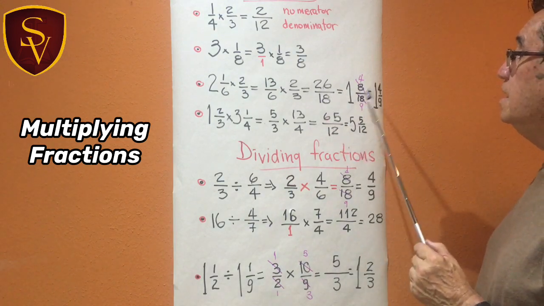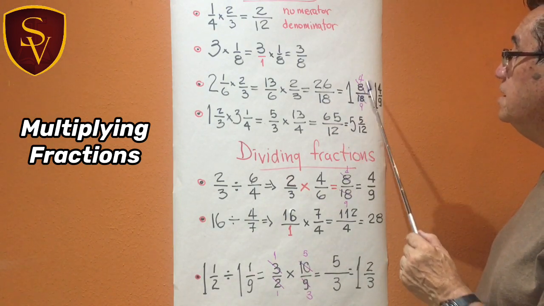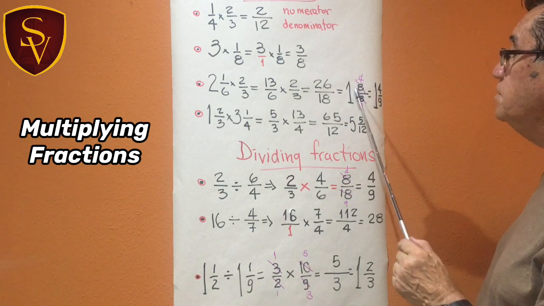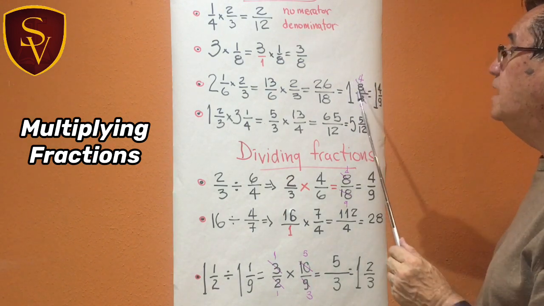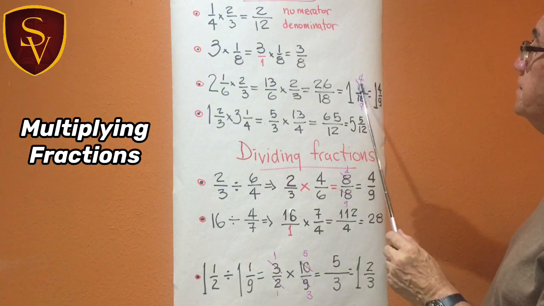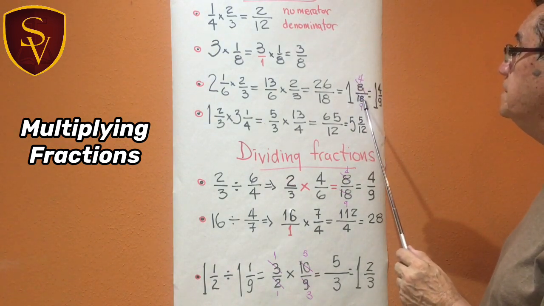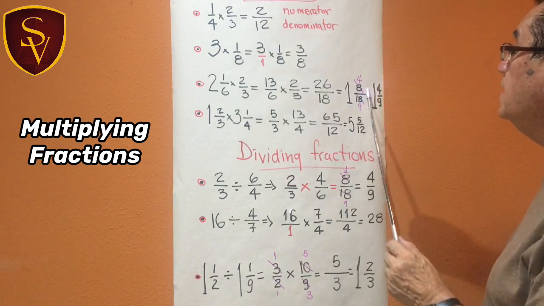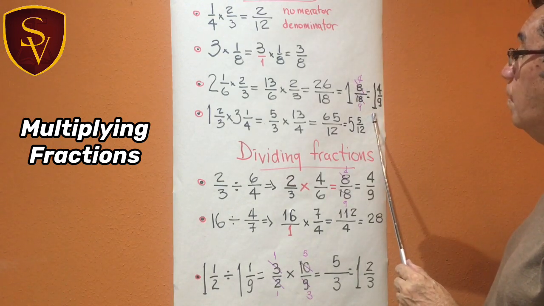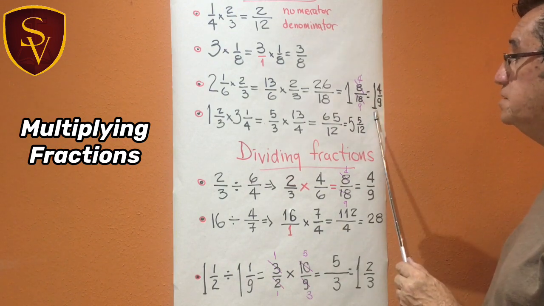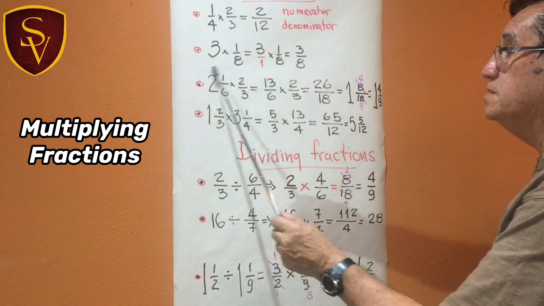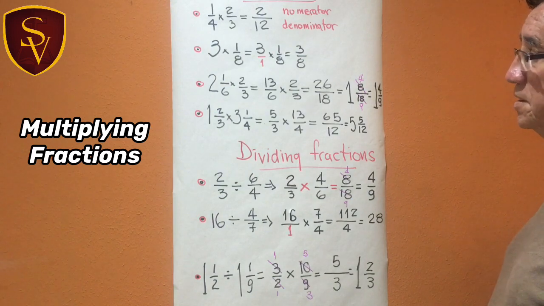Because 8/18 can also be simplified. I take half of 8, which is 4, and half of 18, which is 9. So the final answer is 1 and 4/9. This is another mixed number, which is the answer of this multiplication.